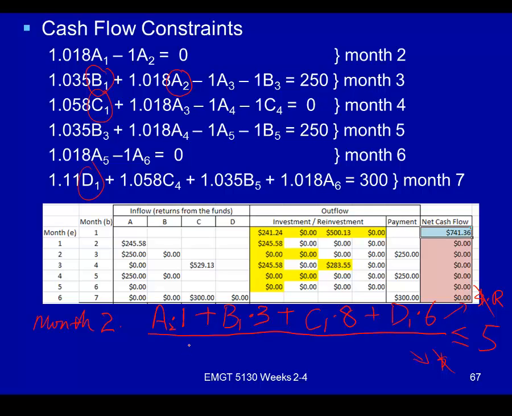Then the denominator would be A2 plus B1 plus C1 plus D1. Again, this needs to be less than or equal to 5. So this is the constraint for the second month.